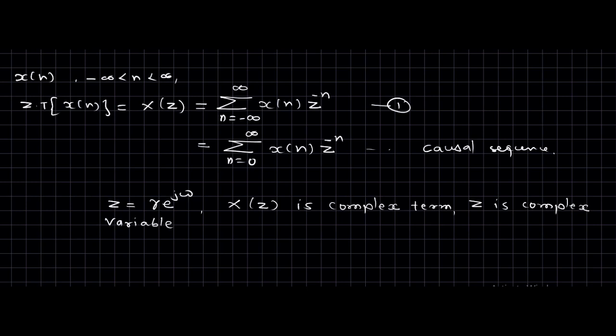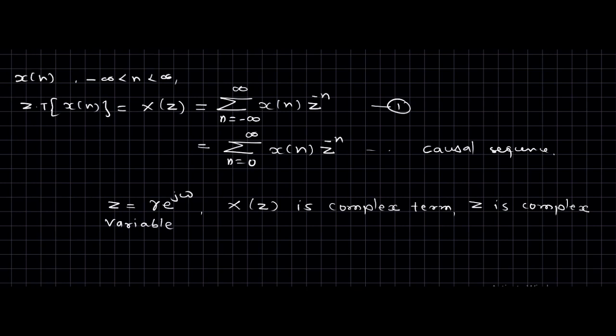Okay, so let us spend 1 minute understanding z equal to r e raised to j omega. So here omega is an angle. Actually, it is the angular frequency. We can say angle, or let us say angular frequency. It's more appropriate in radians.